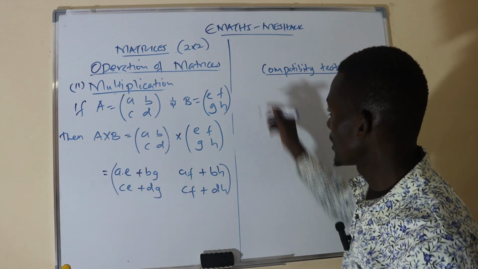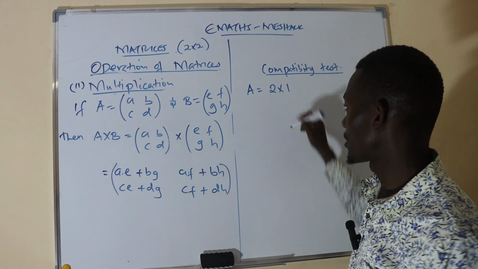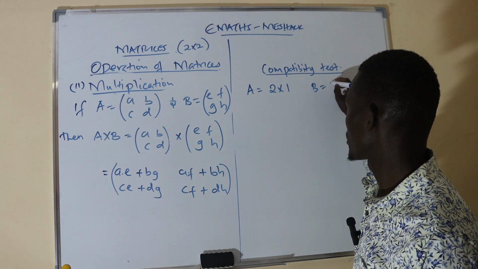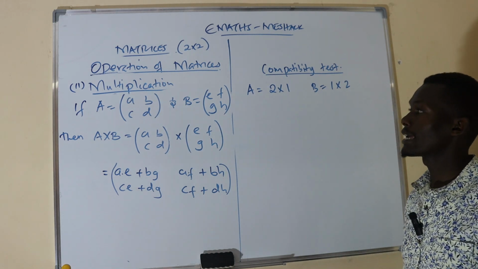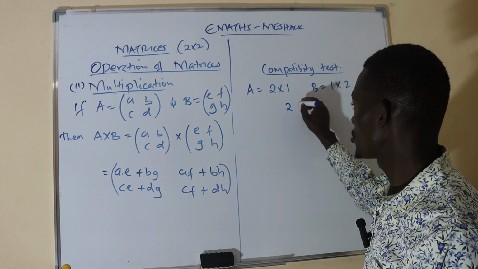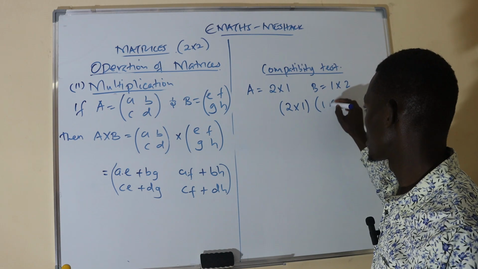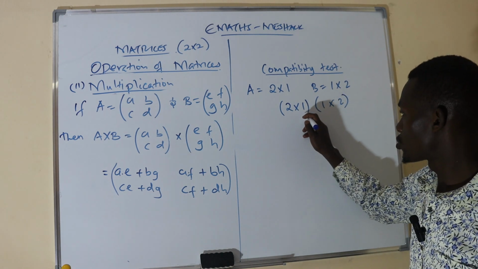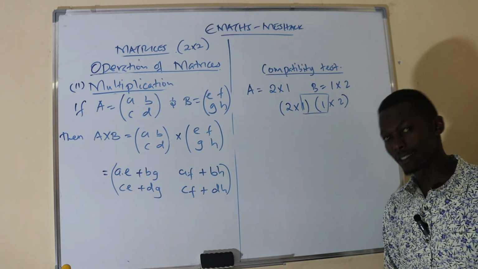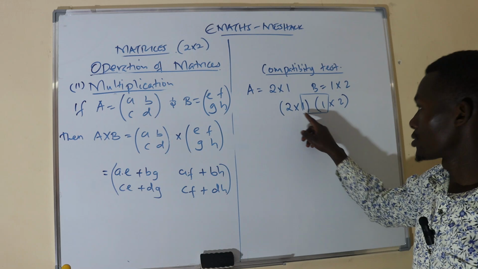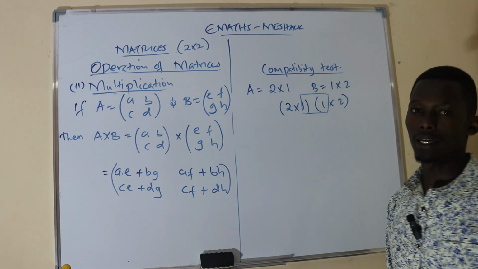So I'm saying if a matrix A is given as 2 by 1, and B is a 1 by 2, then these two matrices can be multiplied together. If I have to multiply them together, and these two center numbers are the same, then we say those two matrices are compatible, because the column of the first matrix is the same as the row of the second matrix.